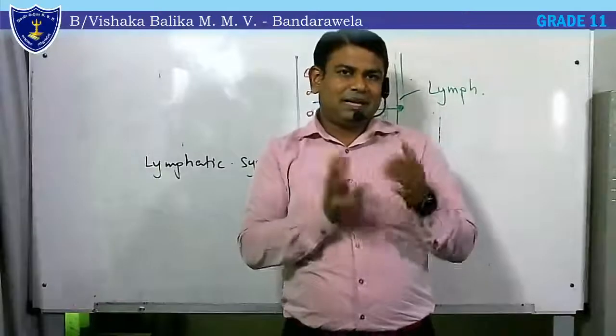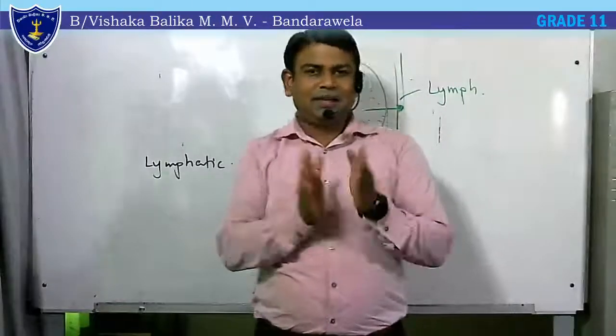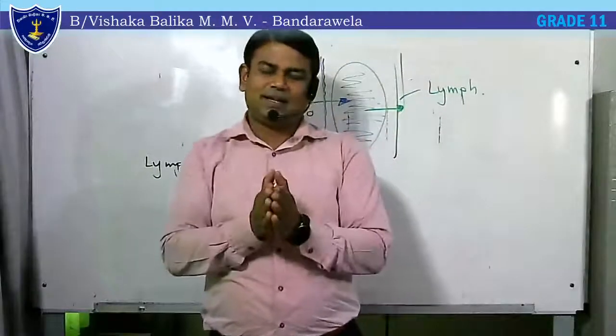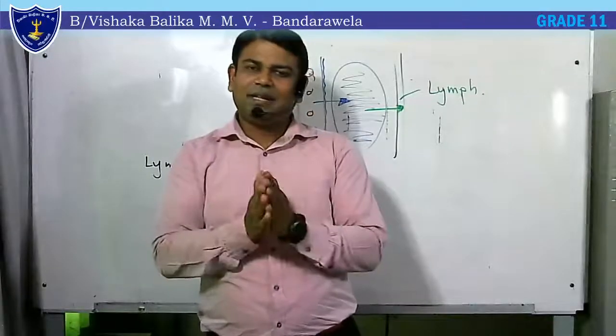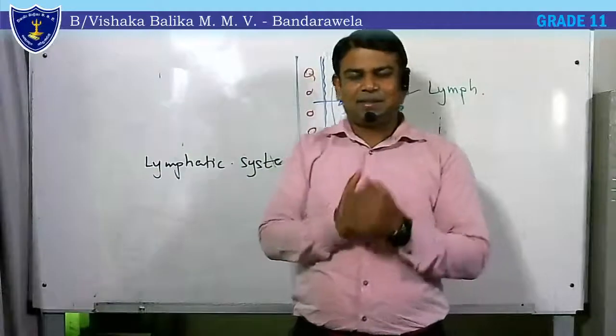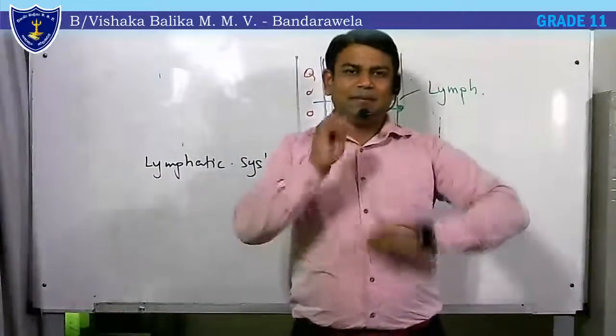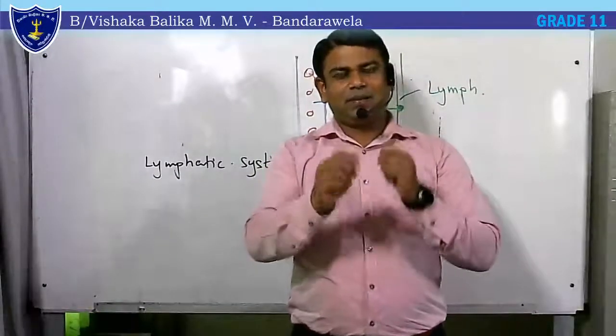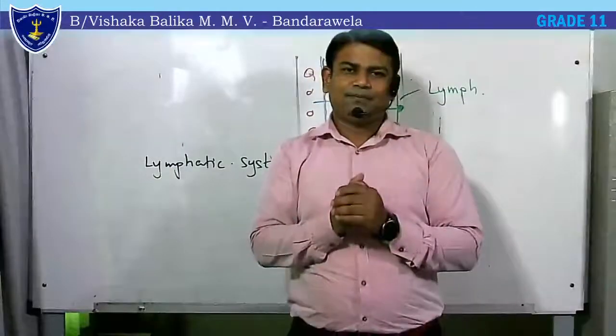When blood is unable to fight, then the lymphatic system also comes to the attack, because immune surveillance is one main function of the lymphatic system. Immunity is kept by this. The white blood cells, the lymphocytes, also fight.